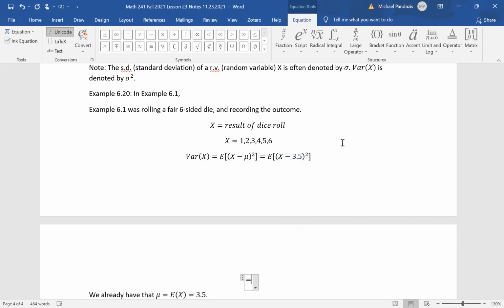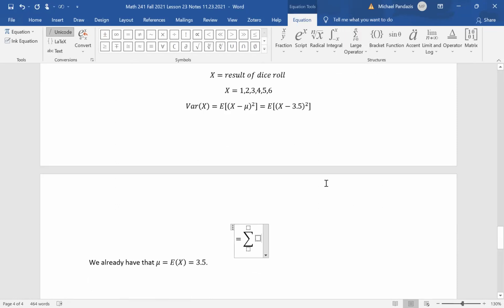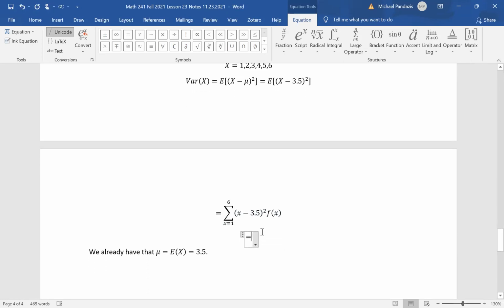So that's equal to the sum over all possible values of X, from X equals 1 to 6, of X minus 3.5 squared times f of X. You just take each possible value of X and plug it in to get a product, and then you add up the products to get the final answer.